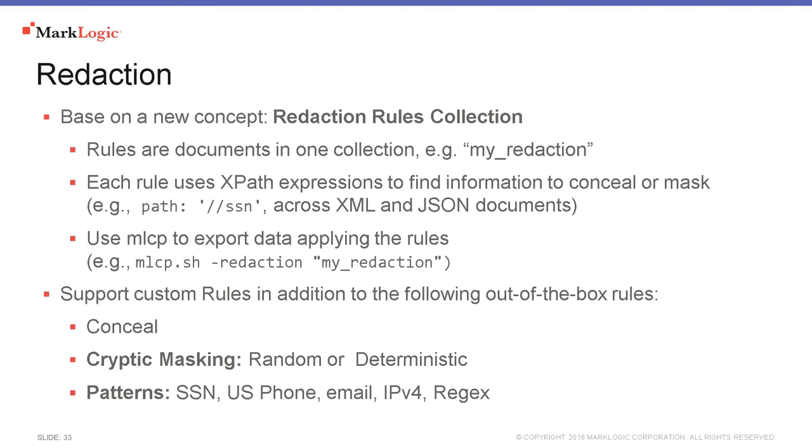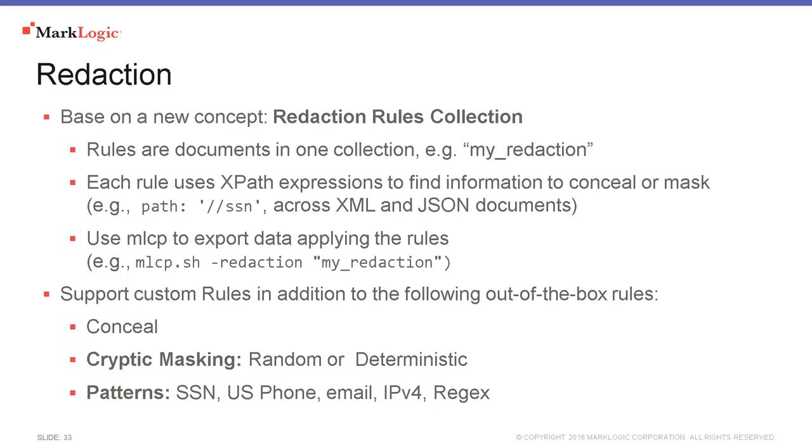Same thing, how we manage that in a schema-less database. We're using the same concept here, XPath. My example here is different. I'm just using SSN. So I'm using the element name to redact. And this is more policy-based, so you create the collection of policies.